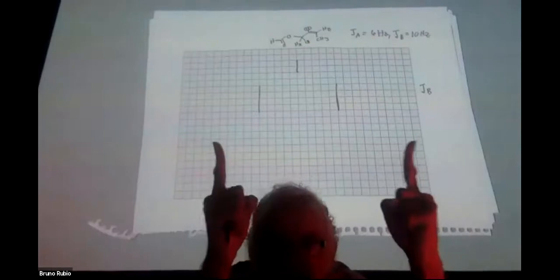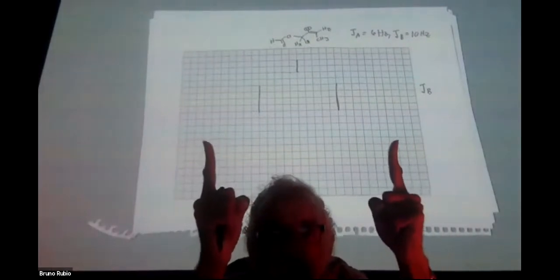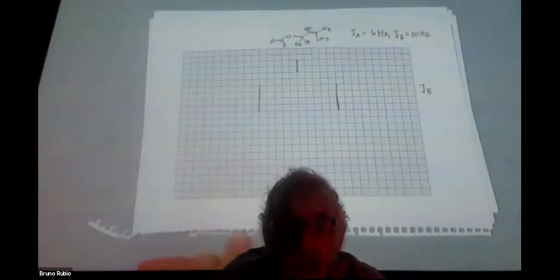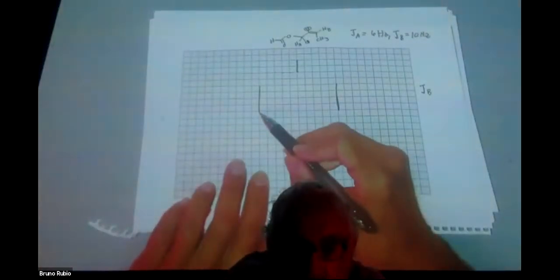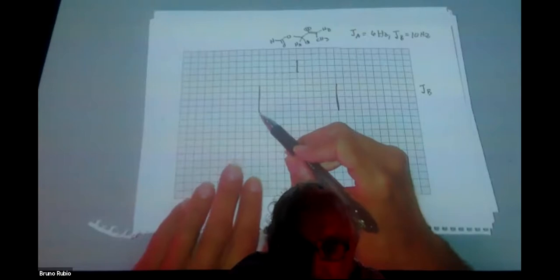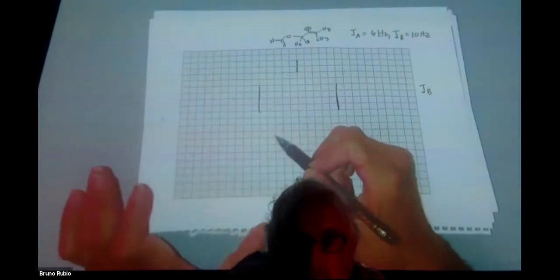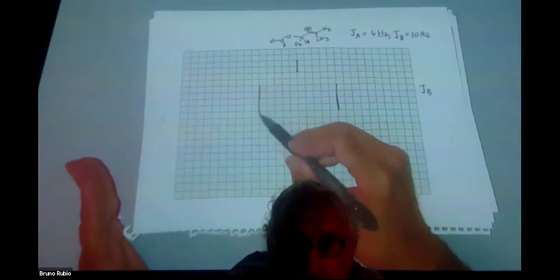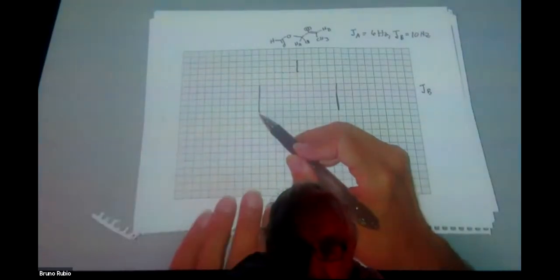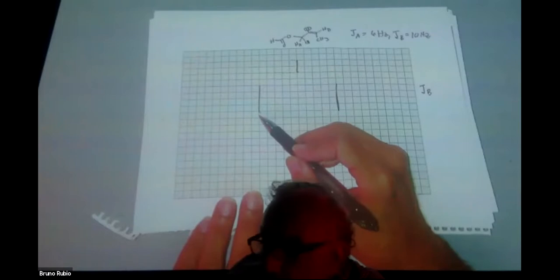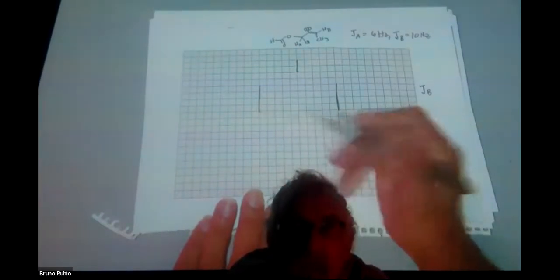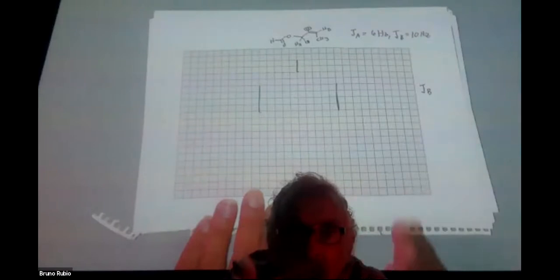And the distance between the peaks in the triplet is going to be 6 hertz, right? So it's a triplet, three components. The middle component is centered right underneath this line. And remember, the triplet has a 1 to 2 to 1 intensity pattern.